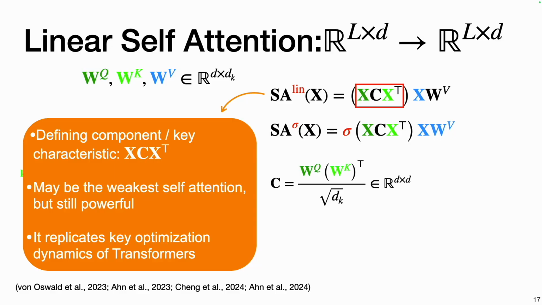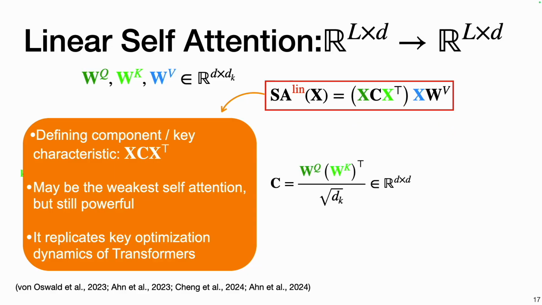And there are some other examples too. In short, it is still strong and people showed it with experiments. Furthermore, an earlier work demonstrated that it replicates some key optimization dynamics of transformers. In short, this is a great model for our theoretical investigations, and in the following sections, we will focus on the linear variant of self-attention.